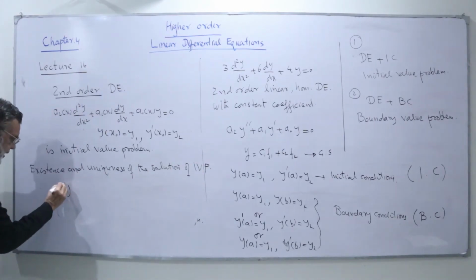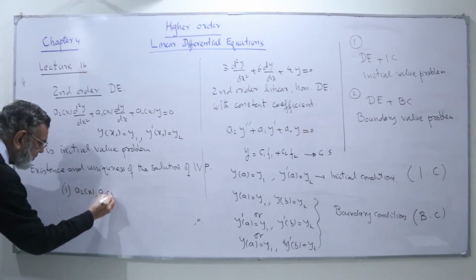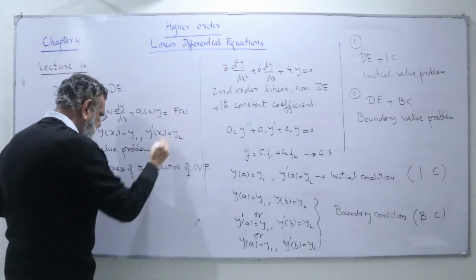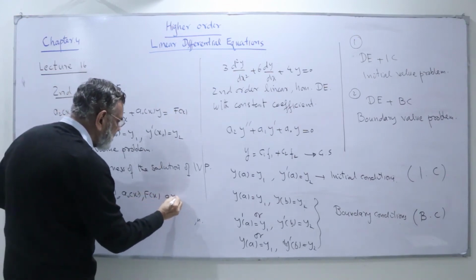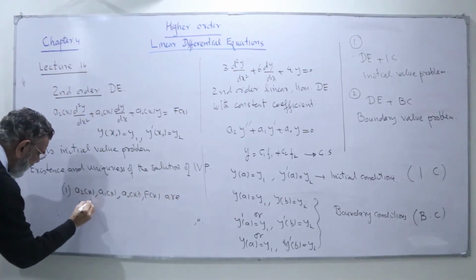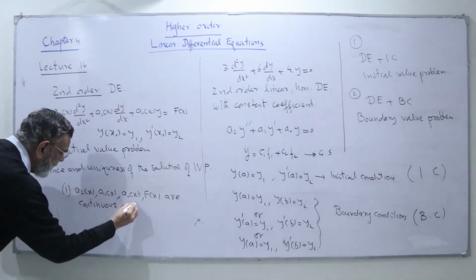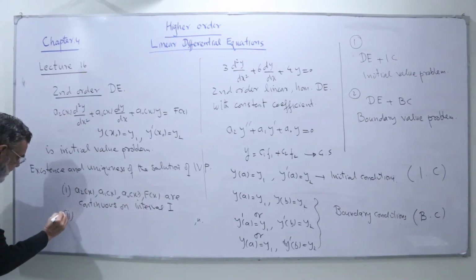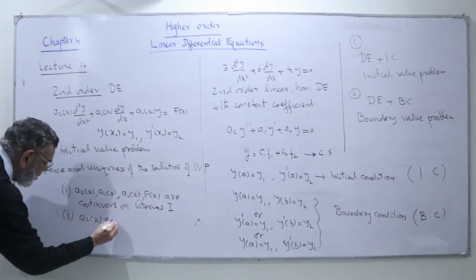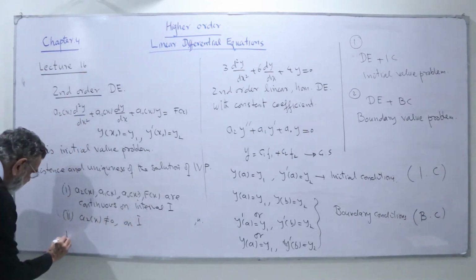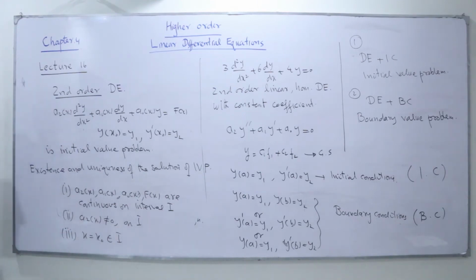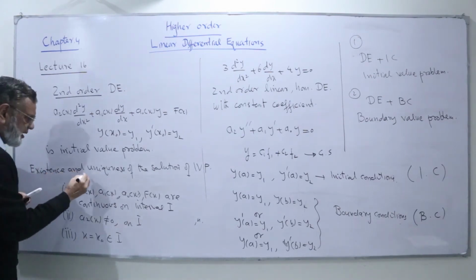We have certain conditions. Condition 1: the coefficients a2(x), a1(x), a0(x), and if it is non-homogeneous, also f(x), are continuous on an interval I. Number 2: a2(x) is not equal to 0 on interval I. Number 3: the point x equal to x0 is in the interval I. Whenever these 3 conditions are fulfilled, there is a unique solution for this problem.